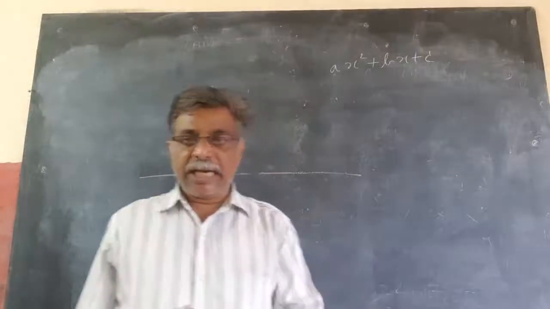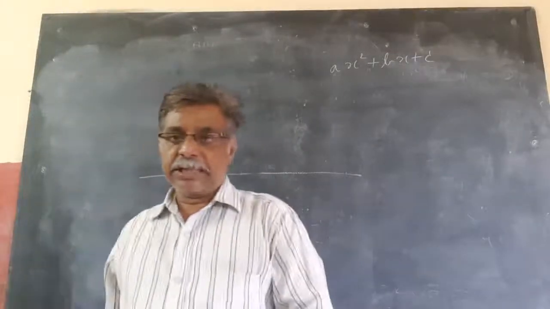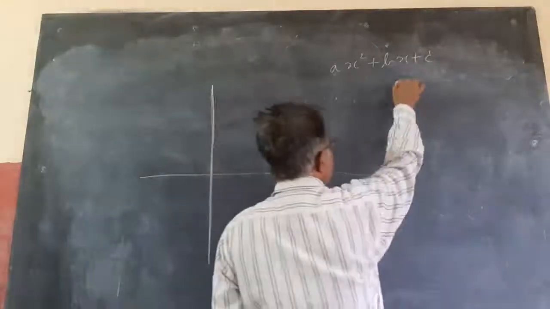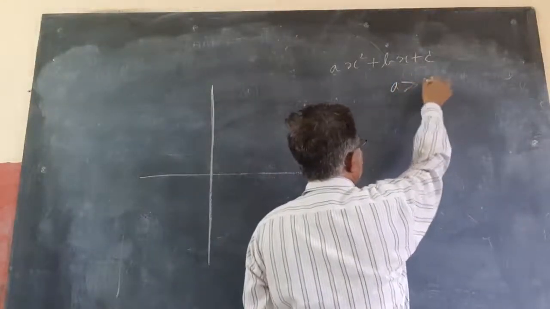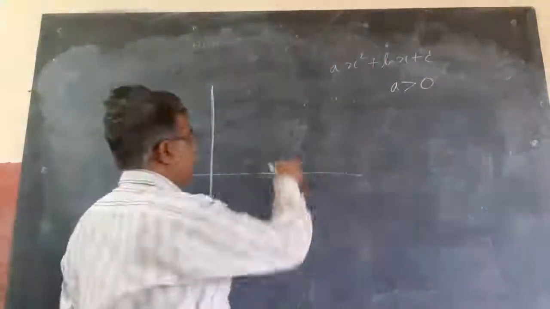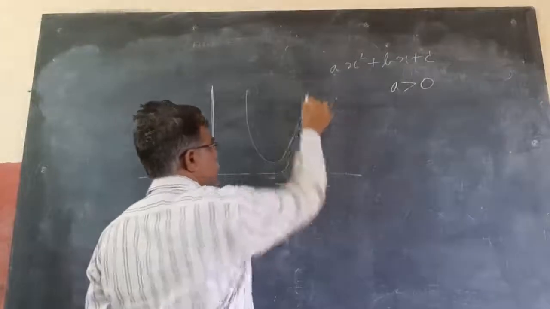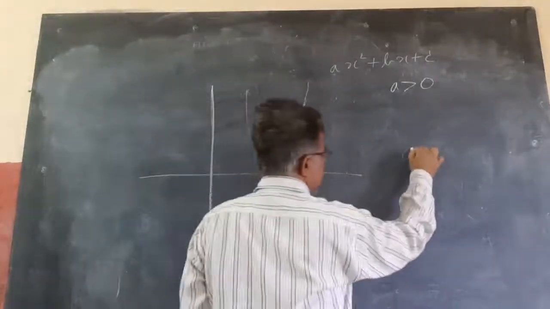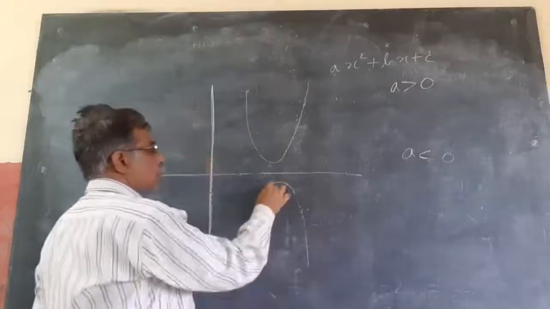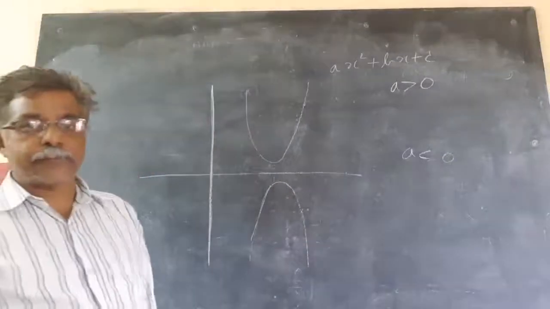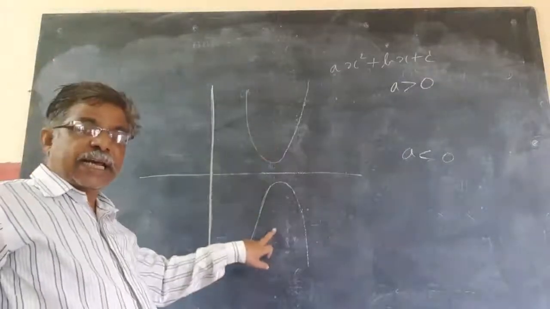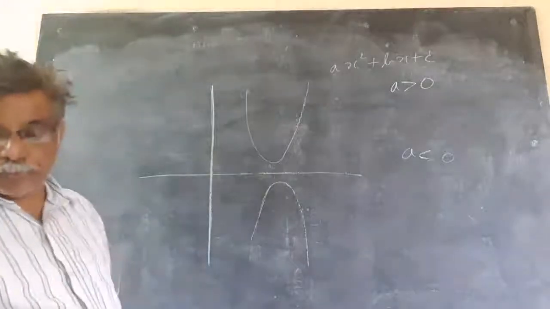In that parabola, if a is greater than 0, then the parabola opens up like this. If a is less than 0, the parabola opens down like this. For a greater than 0, this is the graph, and for a less than 0, this is the graph.